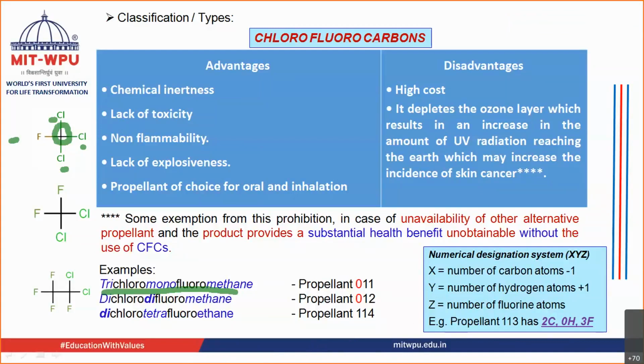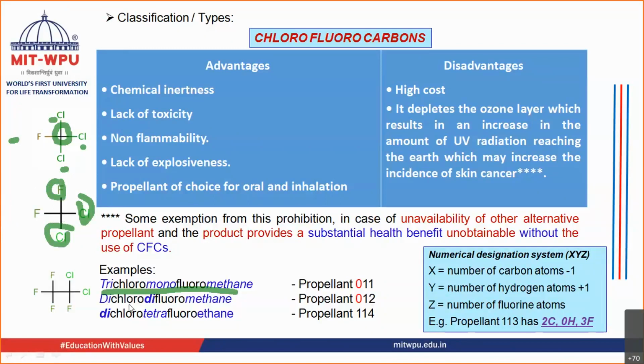So the first example we said was trichloromonofluoromethane. The second example of chlorofluorocarbon is dichloro, containing 2 chlorine groups, difluoro, containing 2 fluorine groups, and methane.